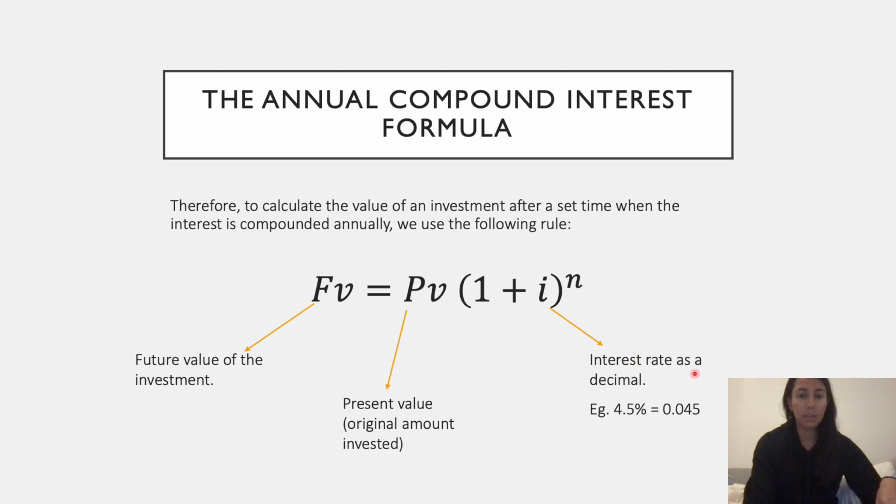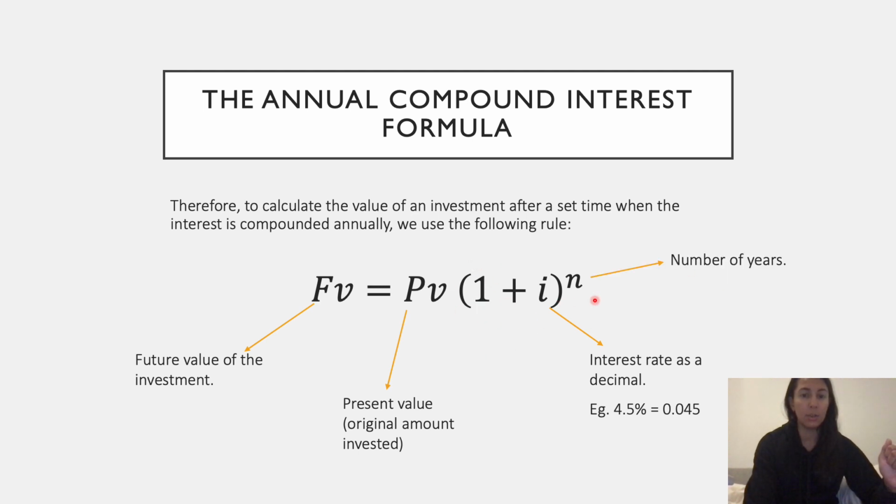I is the interest rate as a decimal. So if you had 4.5%, it would be 0.045. The 1 is here to represent your 100%. So when we do 1 plus 0.045, you would get 1.045.